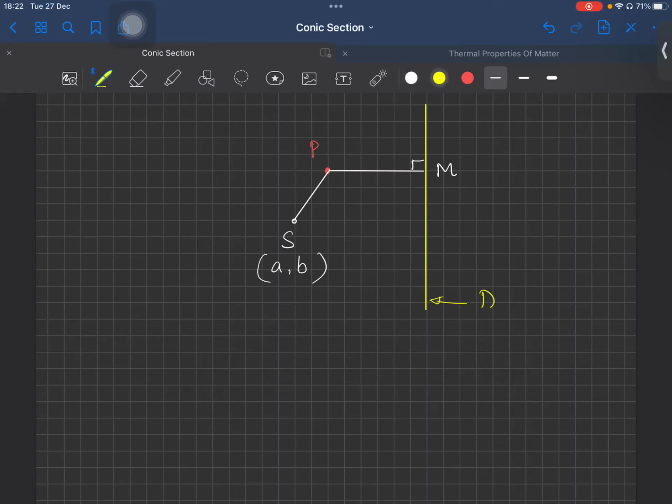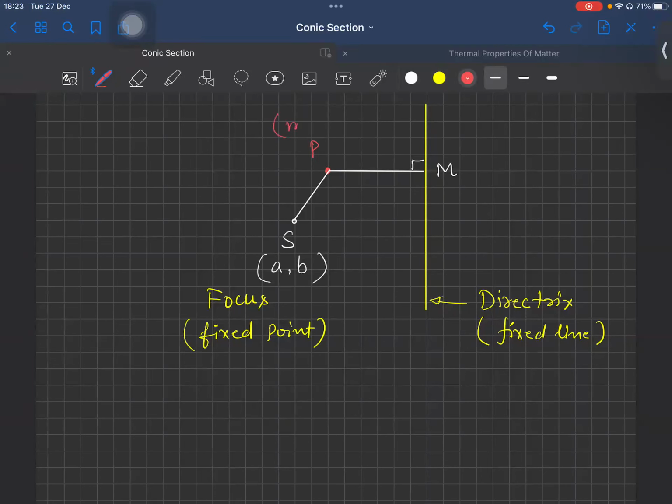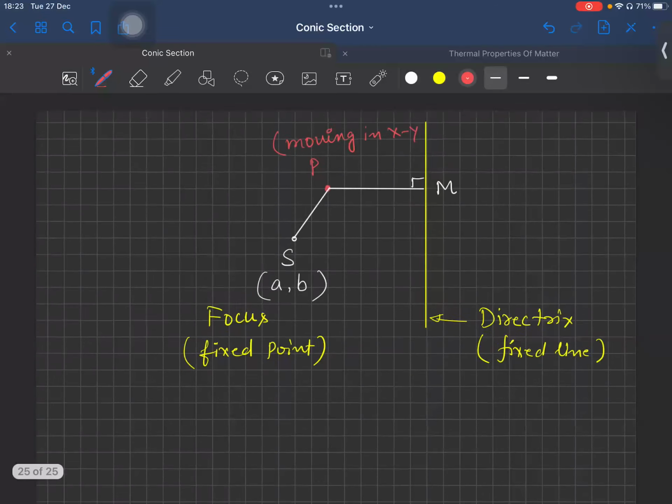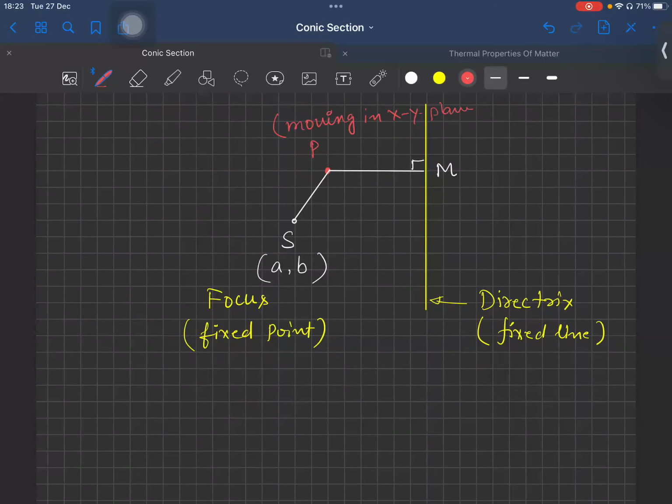This is called directrix, which is a fixed line. This S is called focus, which is a fixed point. This P is any point which is moving in space, moving in the XY plane. Okay, and it is perpendicular to directrix.